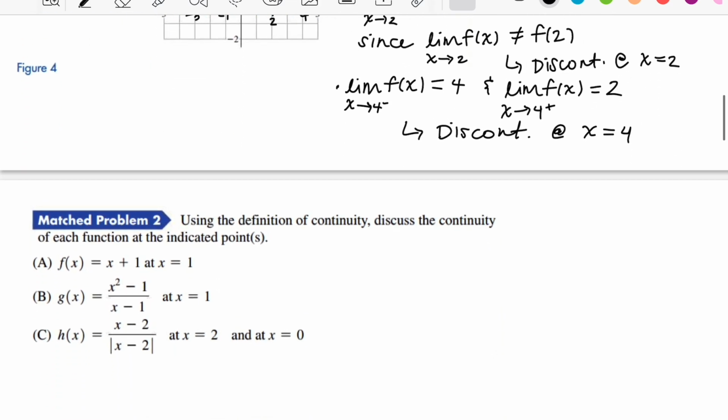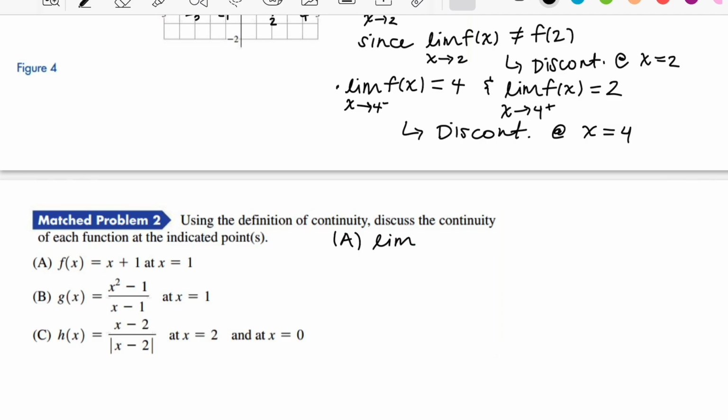Next, we'll use the definition of continuity to discuss continuity of functions at given points. So first we'll look at A here. We're given this function, f of x is equal to x plus 1, and we want to look at the continuity at the given point, which is x equals 1. So we'll just look at our conditions.